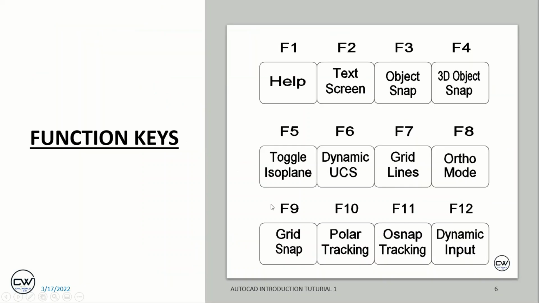So next one is function keys. You can see on the keyboard itself, F1 to F12 are called function keys. We can use them in AutoCAD itself.